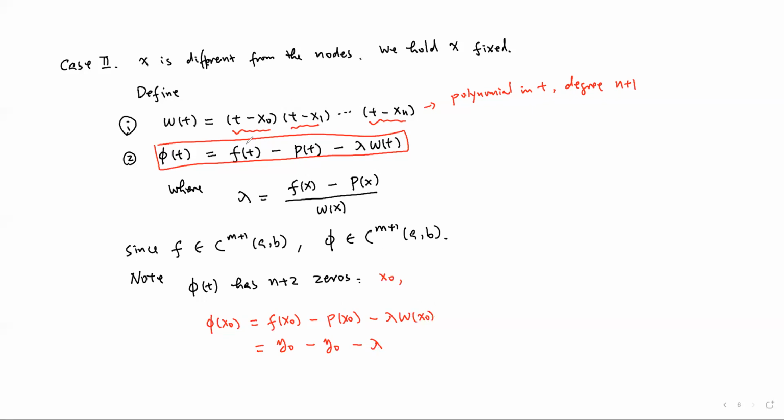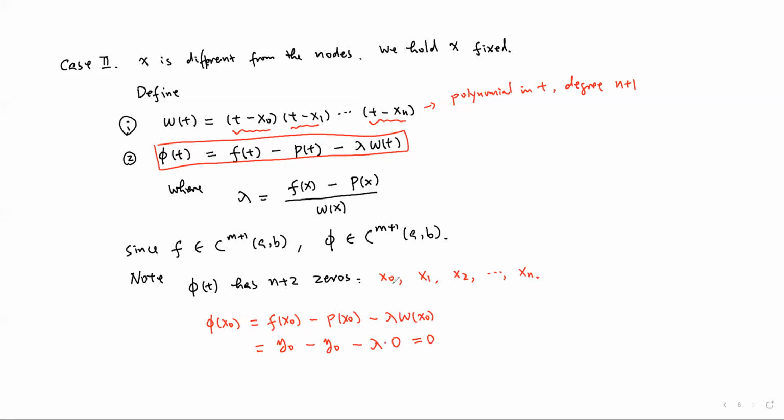For w(x0), plugging in x0 for t, the first factor is x0 minus x0, so it is also 0. So x0 is a root of this function. The second root is x1: plug in x1 for t and you will see that the value of phi is 0, and so on. x2 is also a zero, and xn is also a zero.